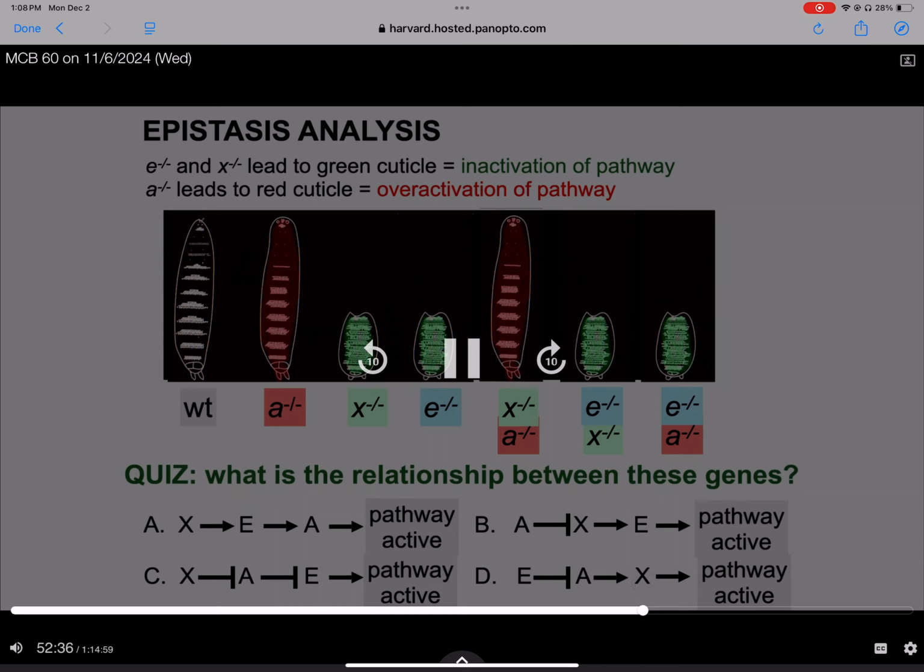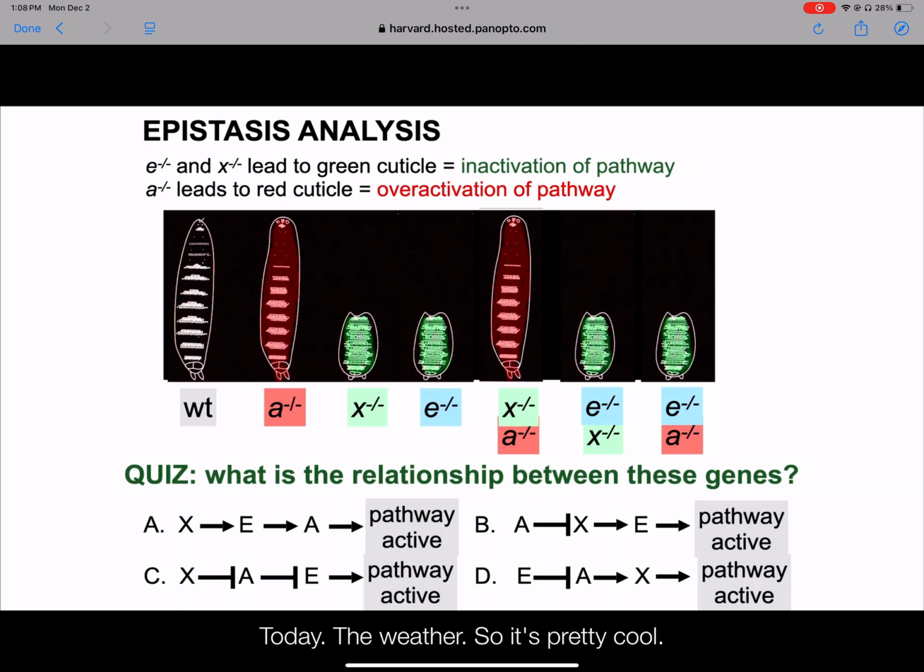And without E, there's nothing to... So you knock out X. That's what you do. So this is one of the confusing ones.